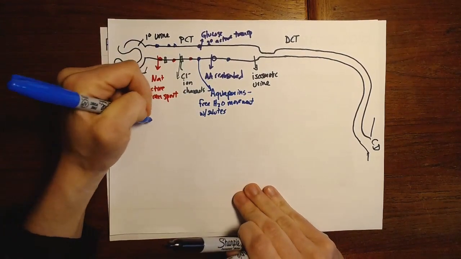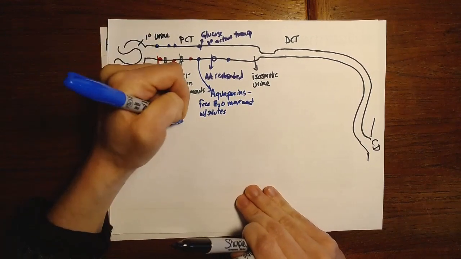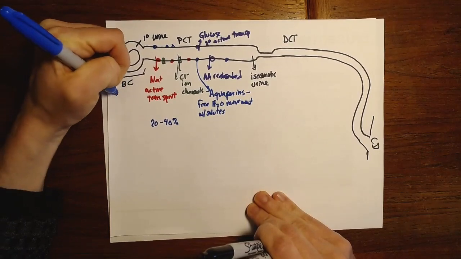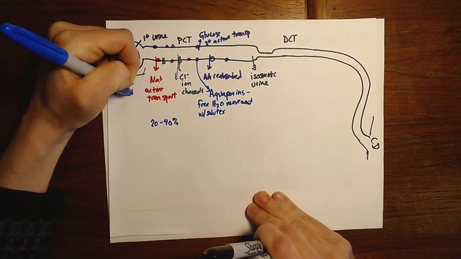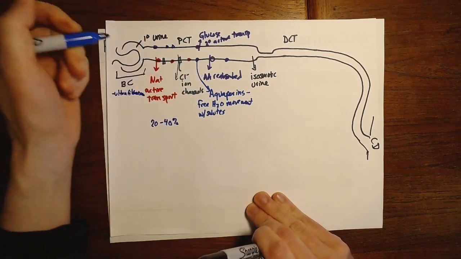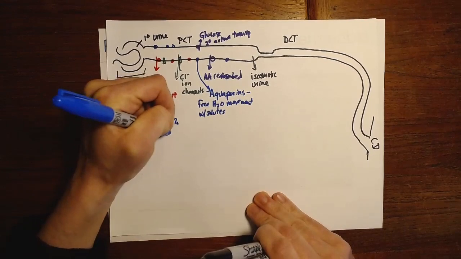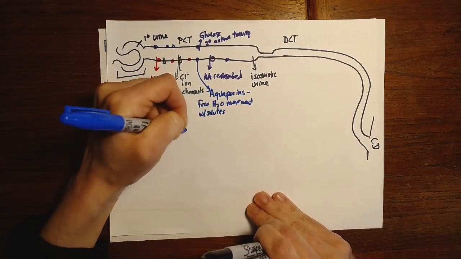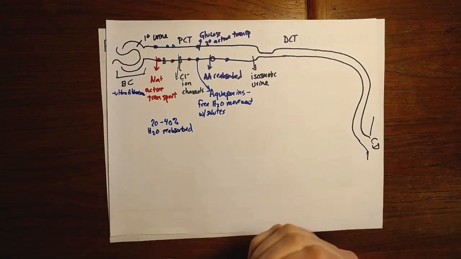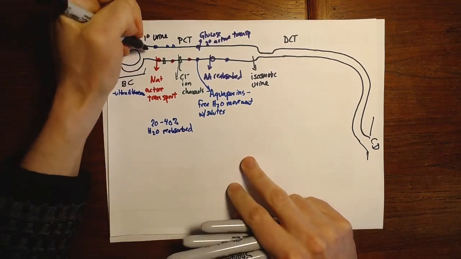So what that means altogether is that about 20 to 40% of the water that got filtered in via ultrafiltration at Bowman's capsule gets reabsorbed in the proximal convoluted tubule. There's one solute, however, that's not going to return to the interstitial fluid in the kidney, and that solute is urea.